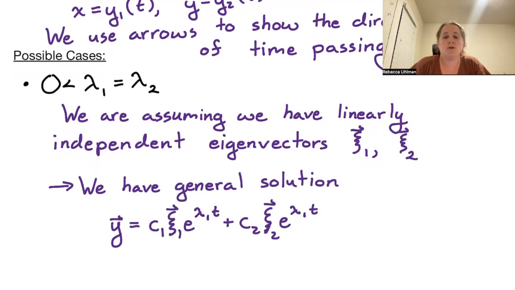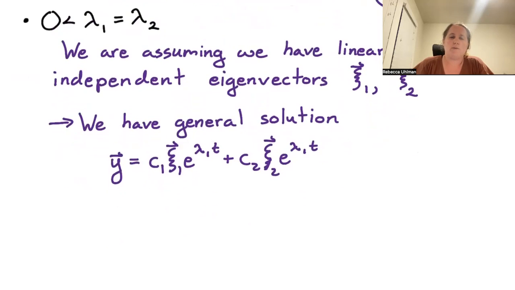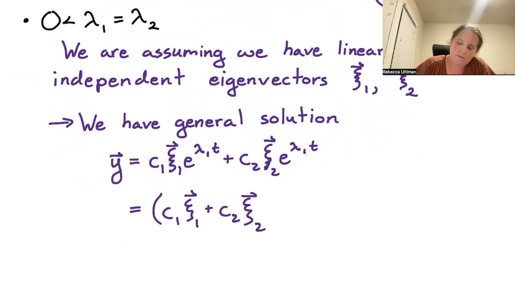Again, lambda 1 and lambda 2 are equal, so I'm just writing lambda 1. Note that we can rewrite this as C1 Xi1 plus C2 Xi2 times e to the lambda 1t.